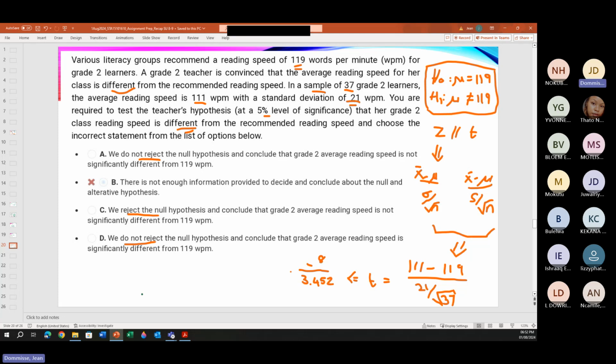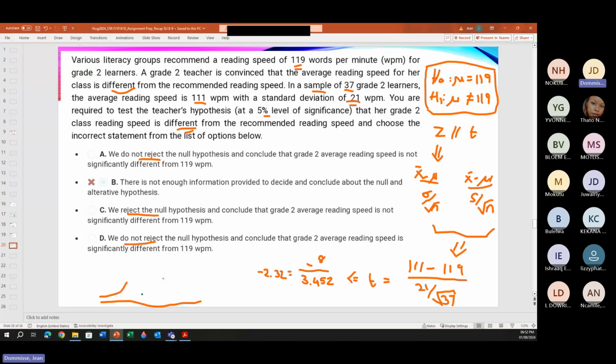So the T that I'm going to test with is equal to, I hope this is right, minus 2.32.